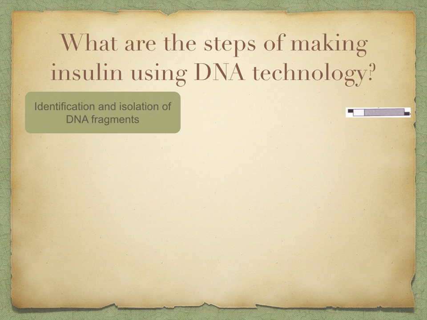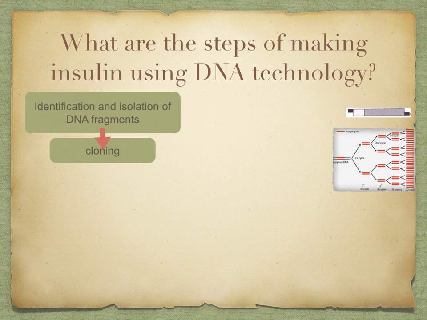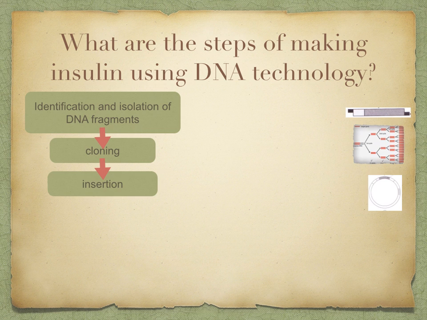Right, let's have a look at the steps of making insulin using DNA technology. The first is to identify and isolate the DNA fragment that has the gene for the desired protein. Then you clone the DNA using DNA polymerase. You insert the DNA fragment into a vector.